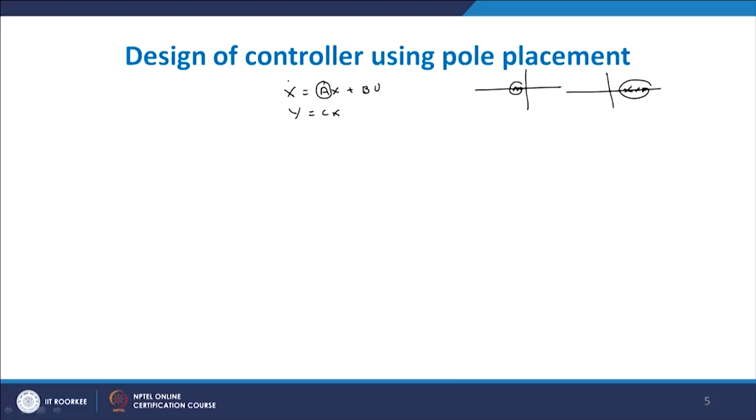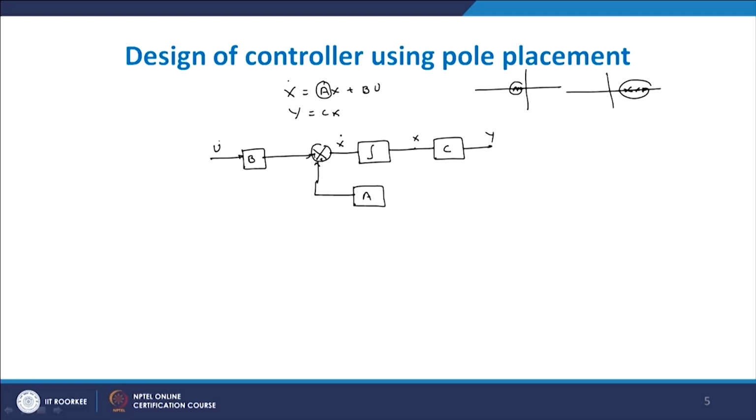Now if you draw the block diagram for this, here is one integrator, this is x, here this is C, this is output y, here is the A matrix, this is x dot, here is B, and this is u.